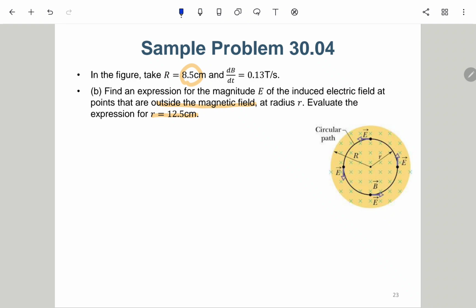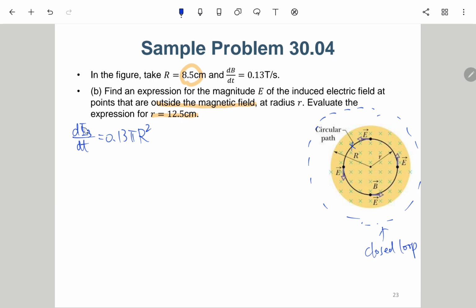So in this case, d phi b dt will be 0.13 pi capital R squared. Here we would not take the same path; actually, we will take a path that is outside. This will be the closed loop to which we apply Faraday's law.